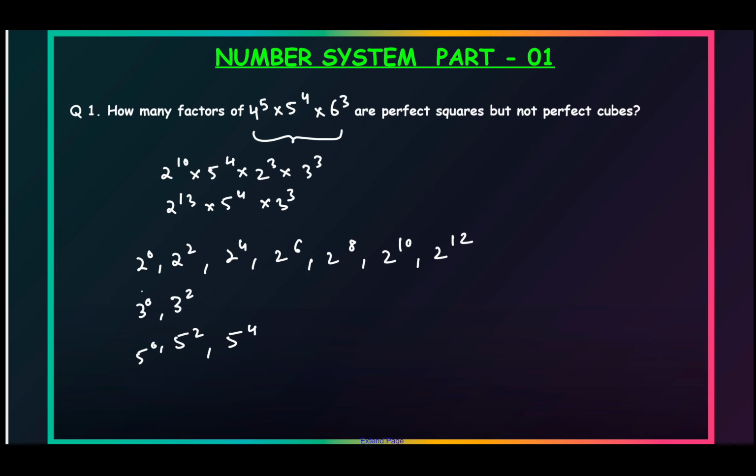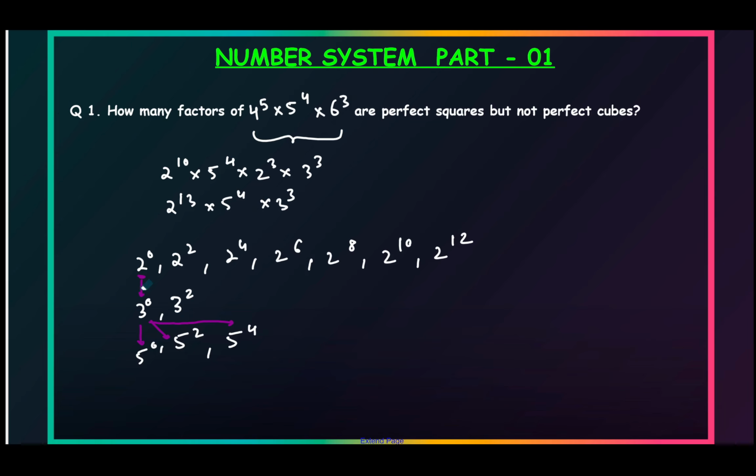Alright, so let's say this is the first number. We take this, then this number, then this number. Similarly, first number, this number, then this number. This is the second combination. Again, this number and this third number. This is the third combination.